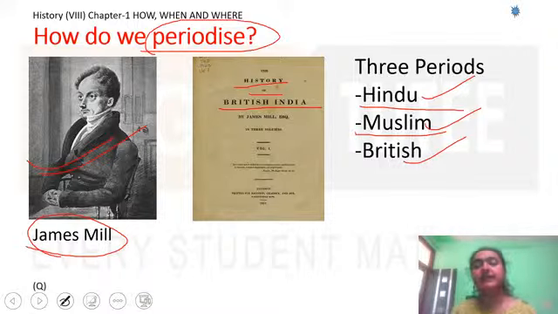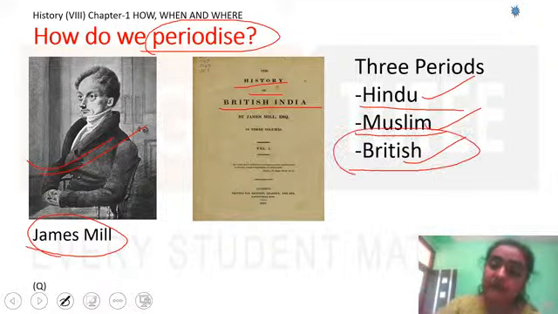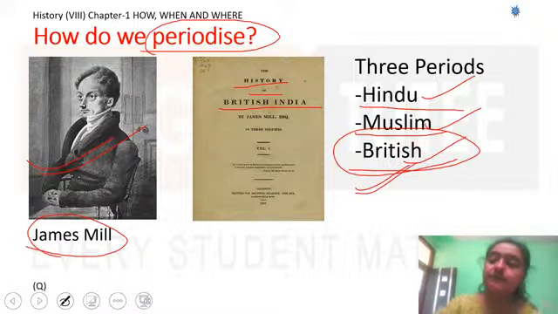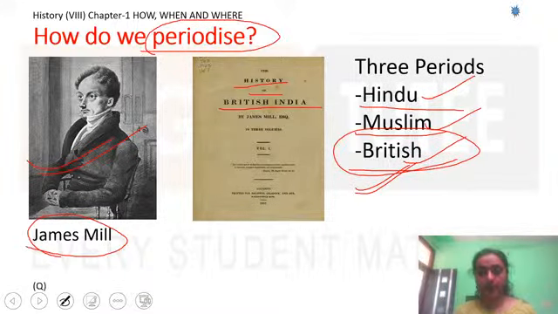In previous class, you have talked about those important rulers. And this period which we are talking about, this is British period. So basically James Mill divided Indian history into 3 periods: Hindu, Muslim and British.